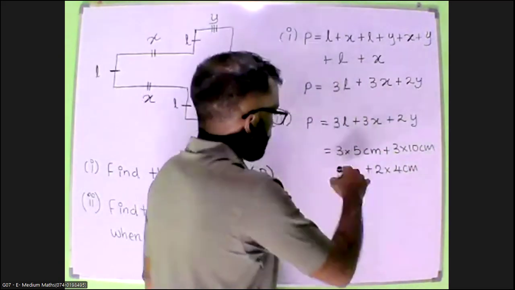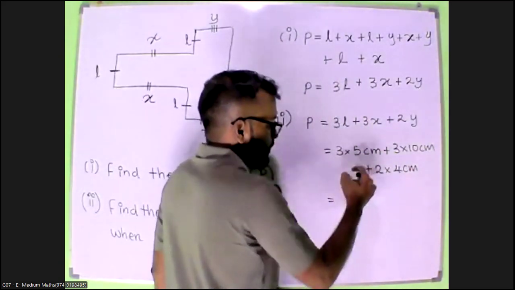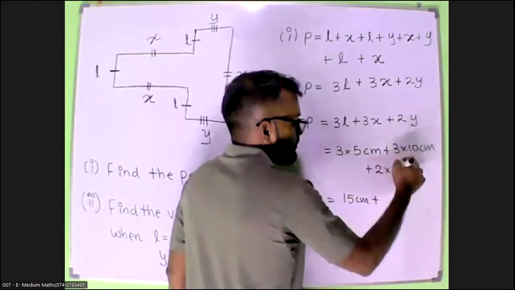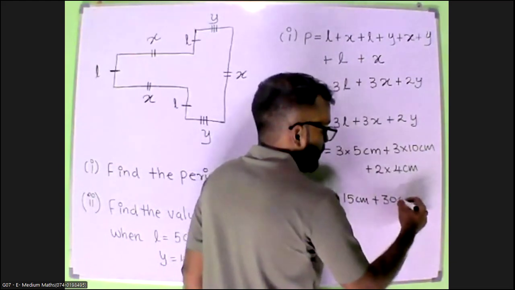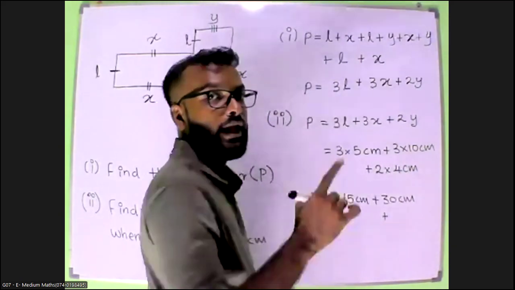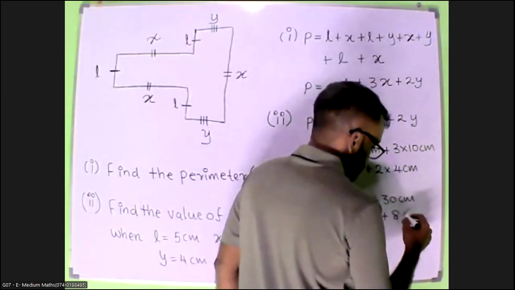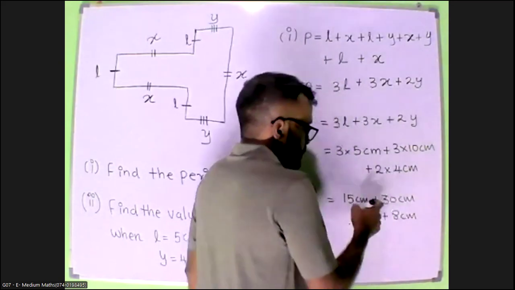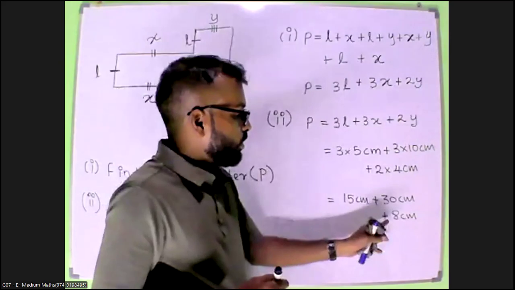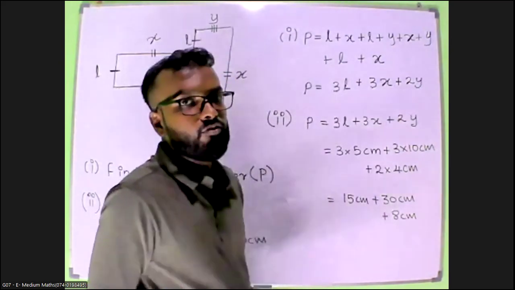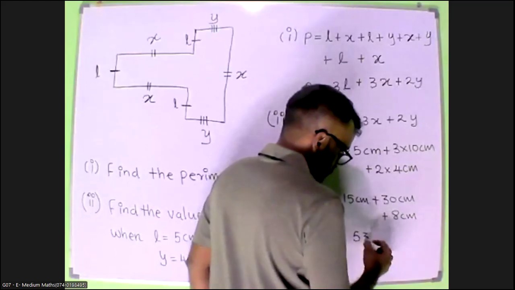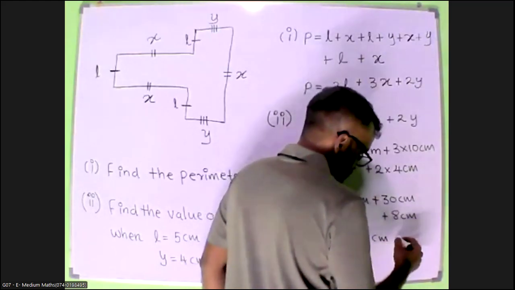Right. So now I am going to simplify. 3 times 5, 15 centimeters, plus 3 times 10, 30 centimeters, plus 2 times 4, 8 centimeters. 15 plus 30, 45. 45 plus 8, 53. 53 centimeters.